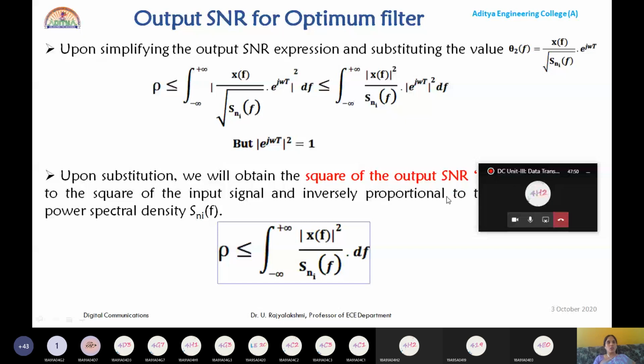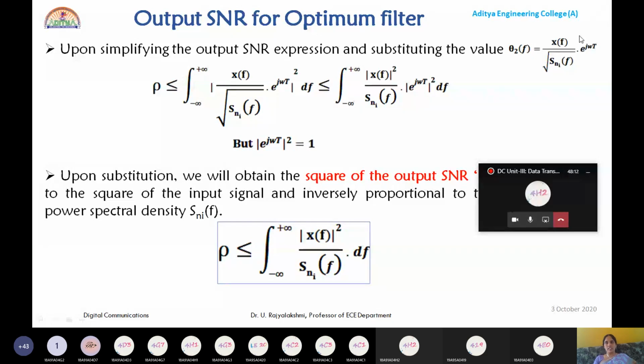Upon simplifying the output SNR expression, please substitute the value of theta 2 of f, whose square we need. Theta 2 of f is X of f divided by root Sni of f into e power j omega t.